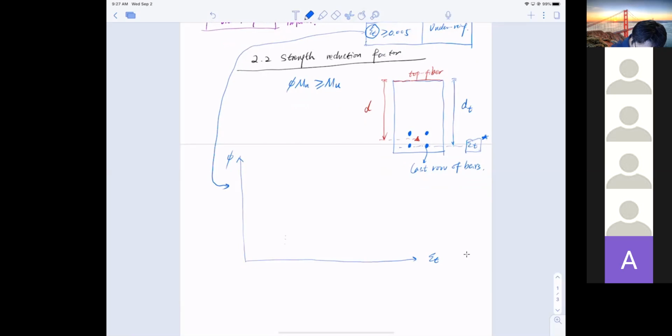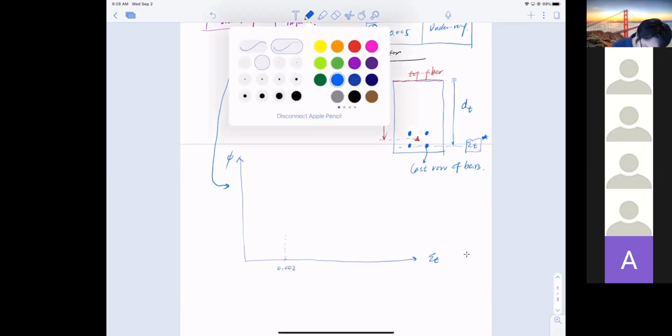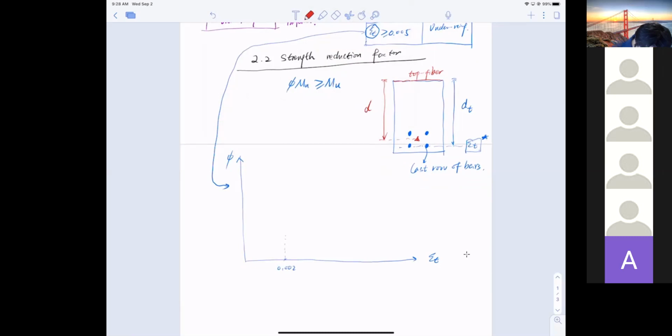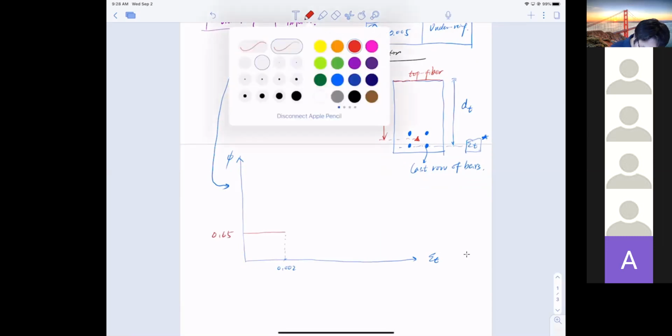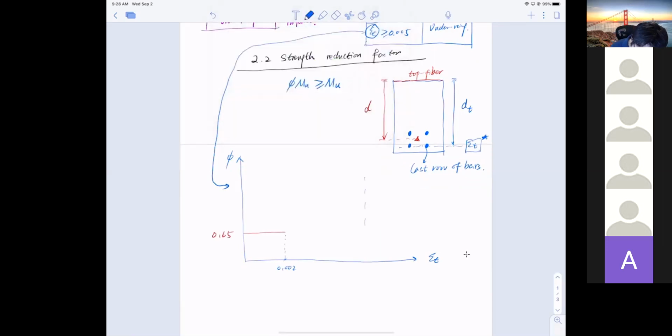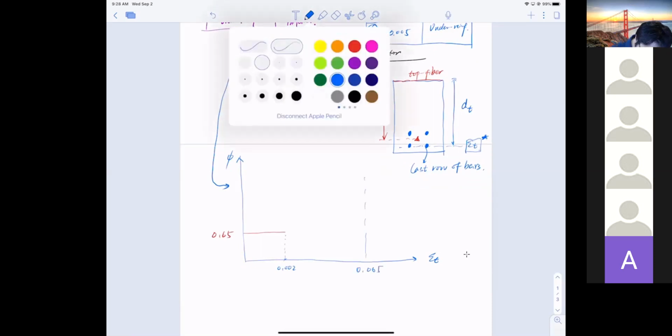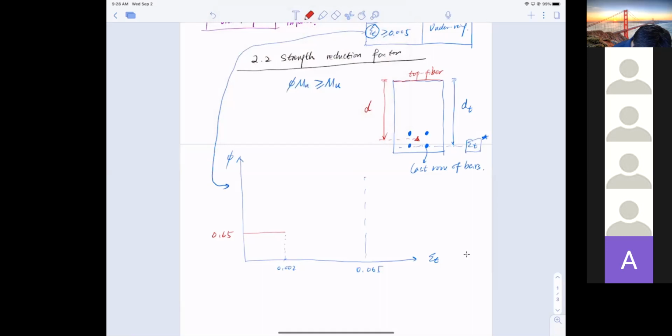If epsilon t is 0.002 or below, my phi is 0.65. If it is 0.005 or bigger, my phi is 0.9.